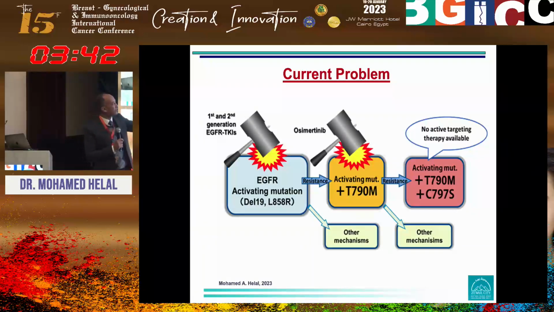We don't move to osimertinib unless we try erlotinib. But again, some patients develop resistance to osimertinib due to mutation of cysteine 797 to serine, which is the last problem that we don't have a solution for so far. Maybe we have some compounds in clinical trials, but we don't have an FDA approved solution for the last case.